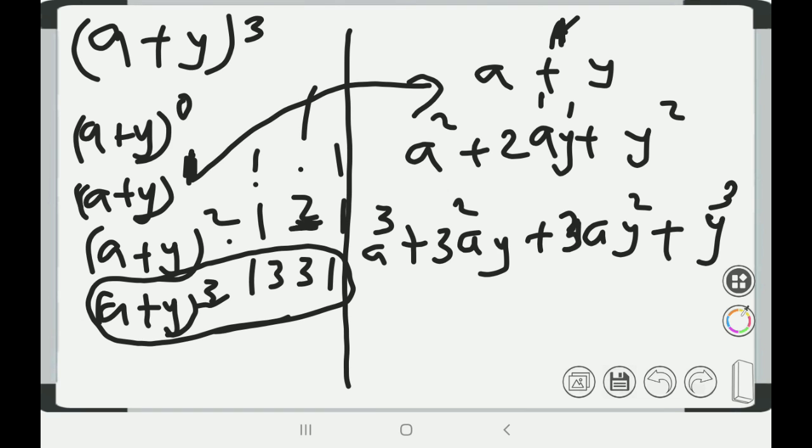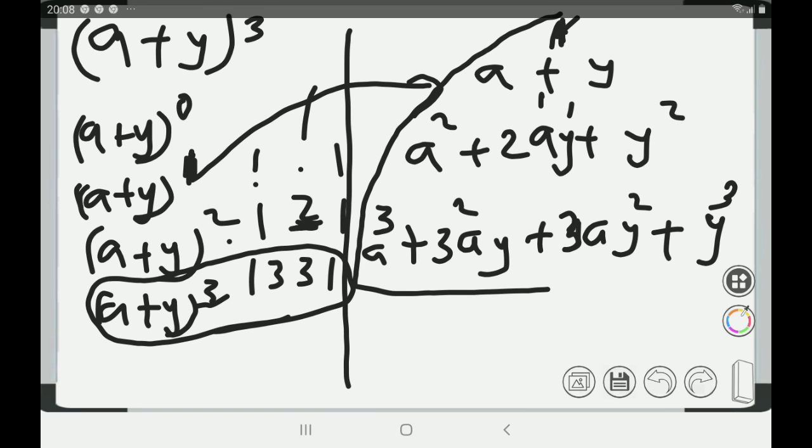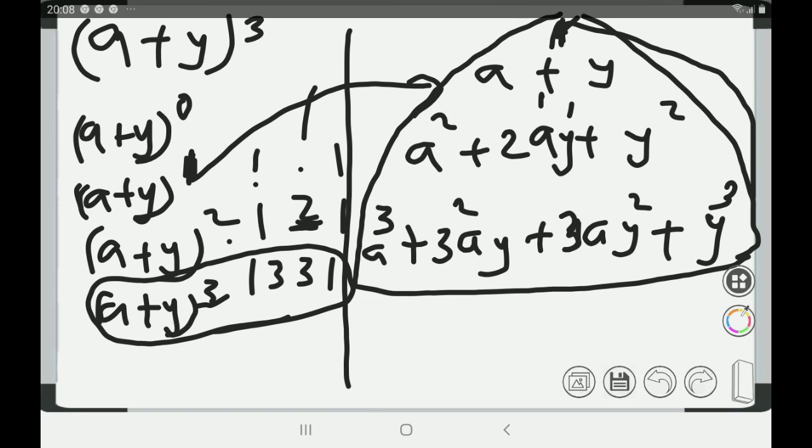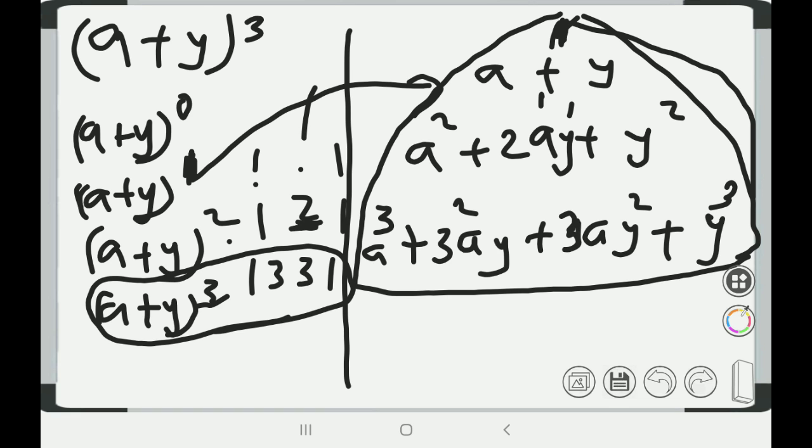So this is a complete Pascal triangle. The first one, a plus y raised to 0 should get 1. The second one, a plus y raised to 1, remains the same, a plus y here. Then the next one is a quadratic, a plus y squared.